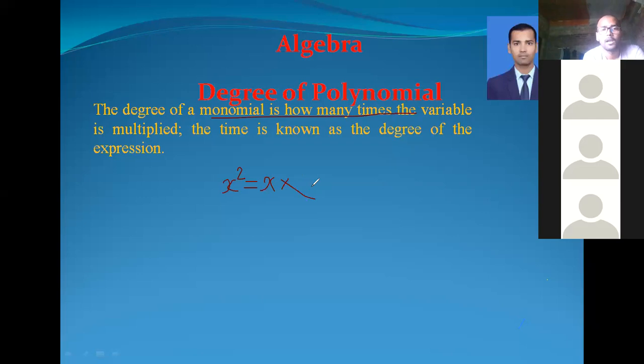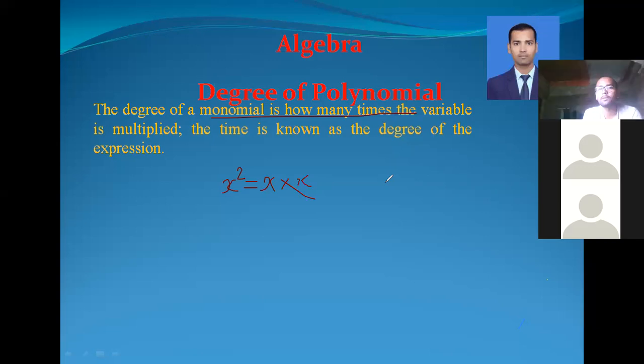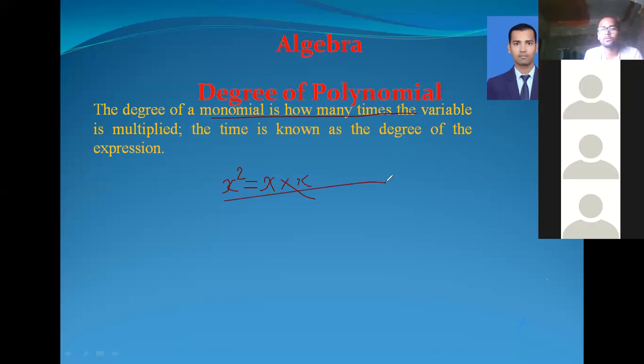X square means we can say that x is multiplied 2 times, that is x into x. In the same way, suppose there is given y squared, it means what? We should consider that y is multiplied by itself 2 times, that is y into y.